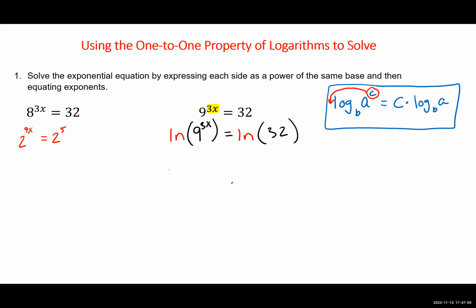All right, so the next step would be, this is the natural log of 9 with the 3x out front. So we bring the log into the equation because we have a property of logs that says when you have an exponent in your argument, that exponent comes out front as a constant multiple.